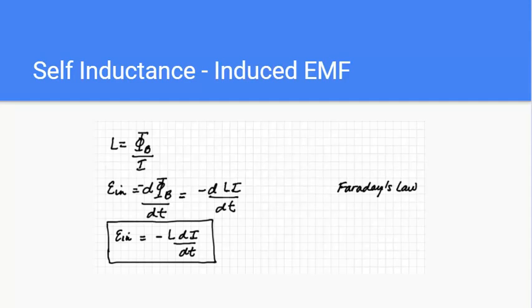So when we talked about self-inductance, there was the induced EMF. And so inductance is the ratio of the magnetic flux to the current. And so if we want to find the EMF, you take the derivative of the flux and do some substituting using Faraday's law, and you end up with an expression for the induced EMF.